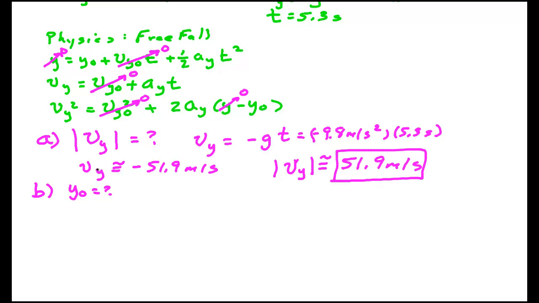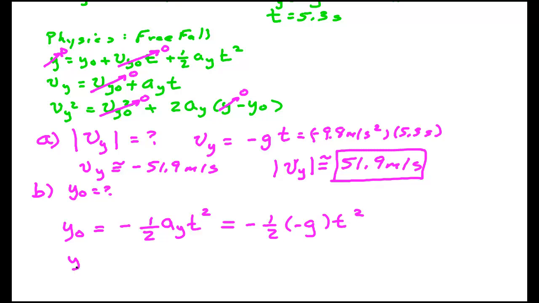I'm going to take the formula that we have up here and solve that for y naught. So y naught is equal to minus 1/2 ay t squared. But Ay is minus g, so I have a minus 1/2 times minus g t squared. So the height is 1/2 g t squared.